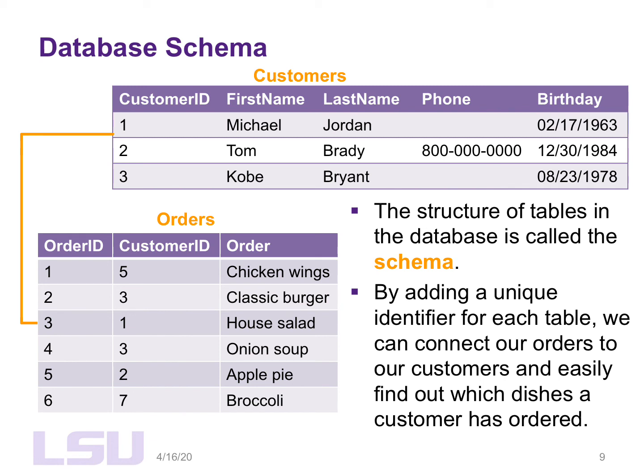This order ID. So it's unique because you start from 1 and you keep increasing. You never repeat a number. So order ID is unique for every item in the orders table. Customer ID is unique for every item in the customers table.